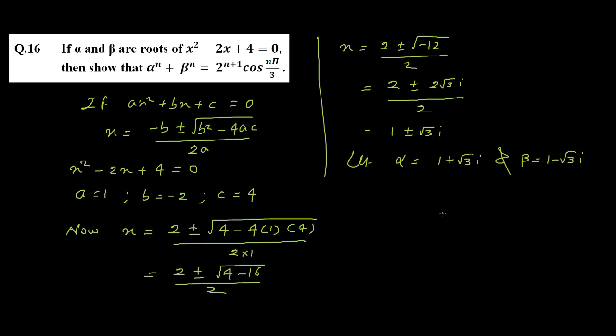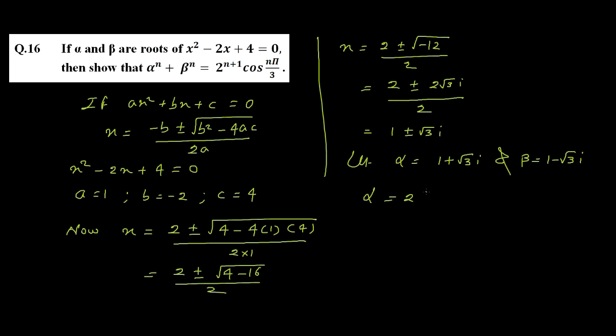Now what are we going to do? We have to find alpha to the power n plus beta to the power n. But before doing that, let's write the expression in some other format. What I am going to do here is apply de Moivre's formula. So how can we apply de Moivre's formula? Alpha can be written as, I am going to multiply by 2 and divide by 2.